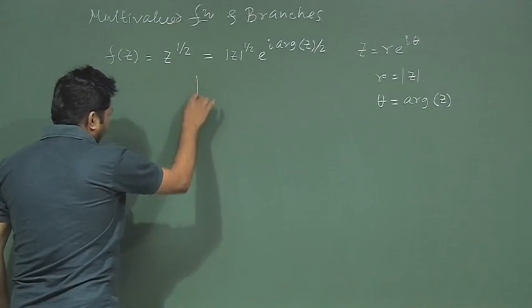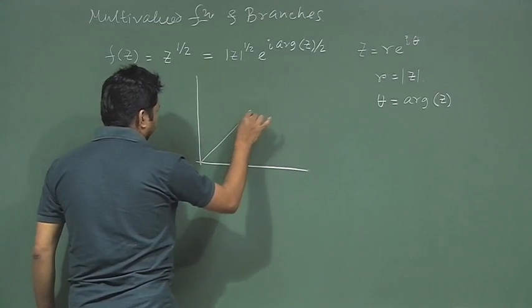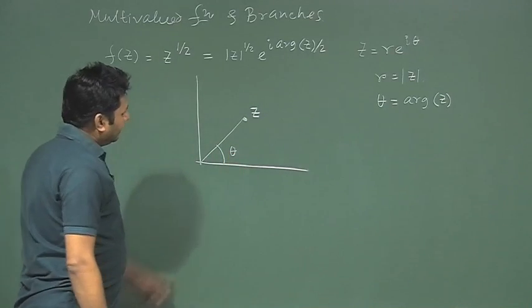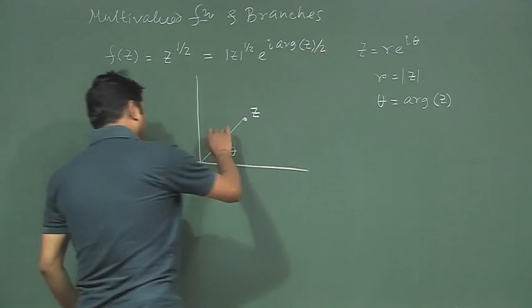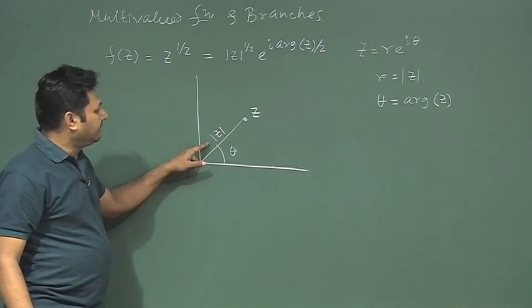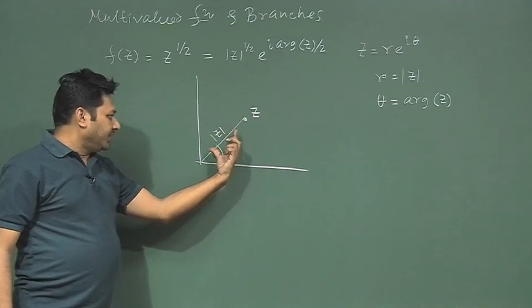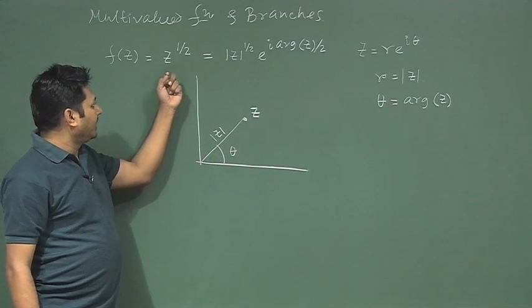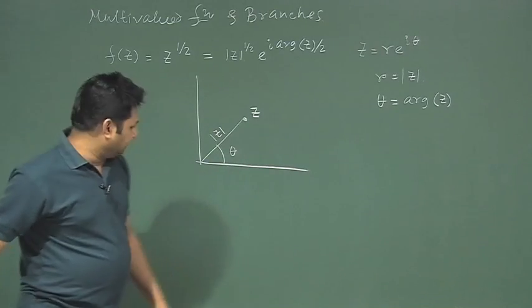If the point z is here somewhere with an angle theta, then this is the angle theta for that particular point z, and this is the magnitude, and with these two we define the location of the point. The problem is not with this length, the problem is with theta. So, now let us try to find out what z to the power half is.